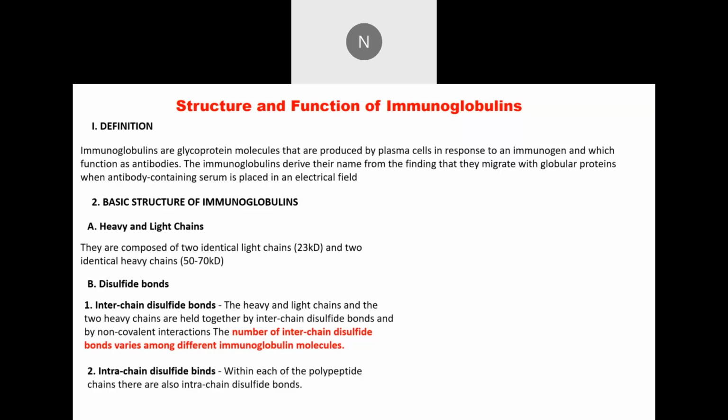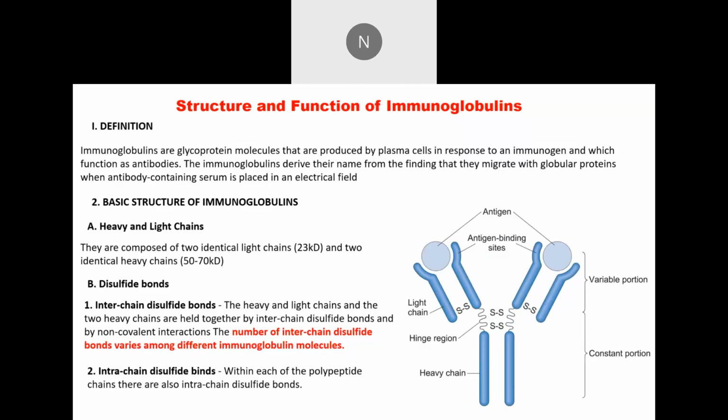And the second type is intra-chain disulfide bonds. Within each type of polypeptide chain, there are also intra-chain disulfide bonds. So if you see this picture, the inner one which is long is usually called the heavy chain, and the smaller one on the lateral aspect is the light chain, which is only half the distance.